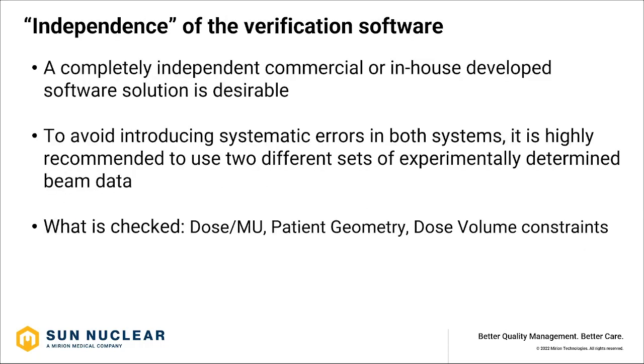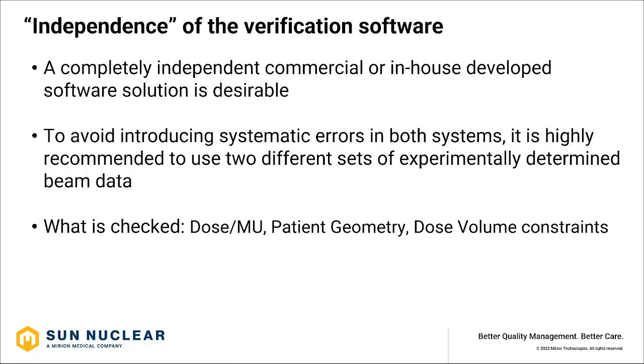One thing in the report that they stressed quite highly was the importance of independence of the dose and MU verification software. Preferably, the report suggested that the software should be completely independent. It should ideally be a commercial software or an in-house developed software.